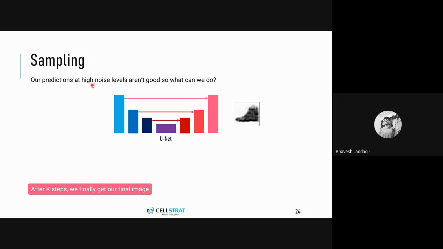Fashion MNIST has clothes like pants, t-shirts, dresses, shirts and so on, so with any random noise, every time it will generate something different. Sometimes it will generate shoes, sometimes pants, so it will be completely random, because this is unconditional generation. We're not putting a condition on what to generate.